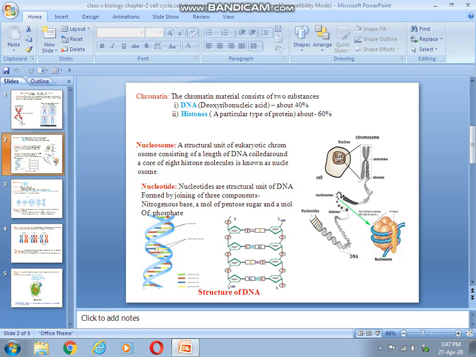See, red color phosphate is given, then in the green box sugar is written there, and on the right hand side T means thymine, A means adenine, in the next rung C means cytosine, G means guanine.